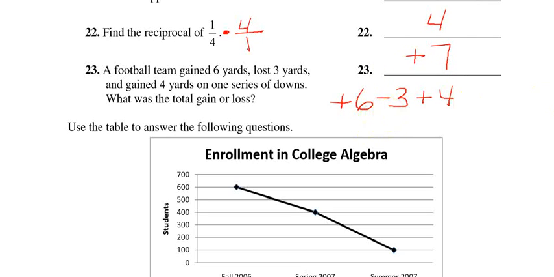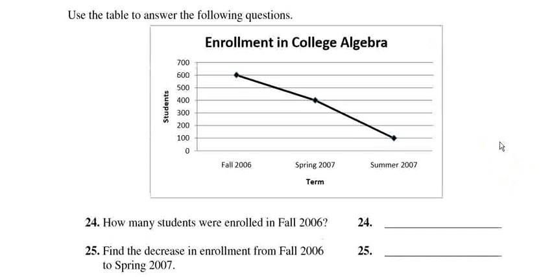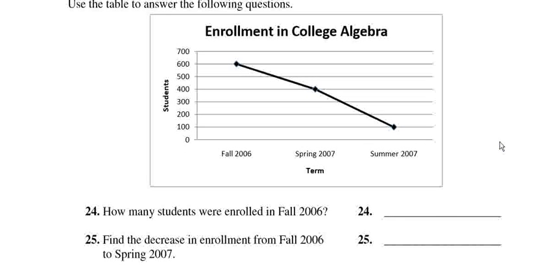And they want us to use this table now to answer some questions. How many students were enrolled in the fall of 2006? Well, we go here, fall 2006, right there. We go over there and we say 600.